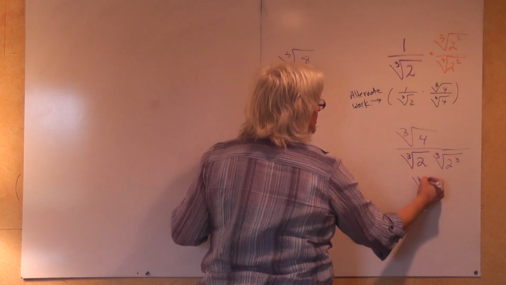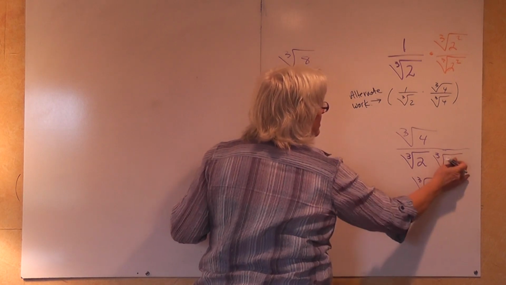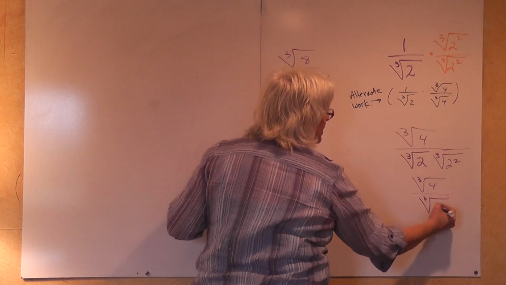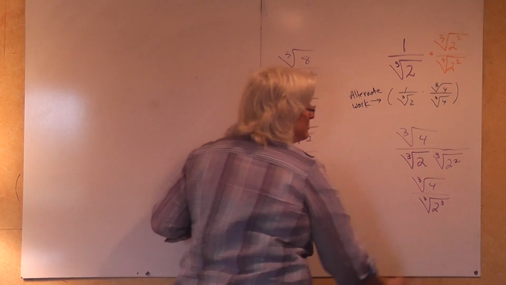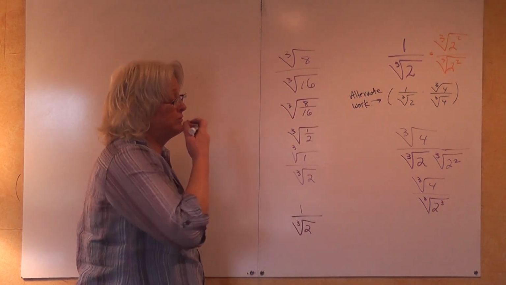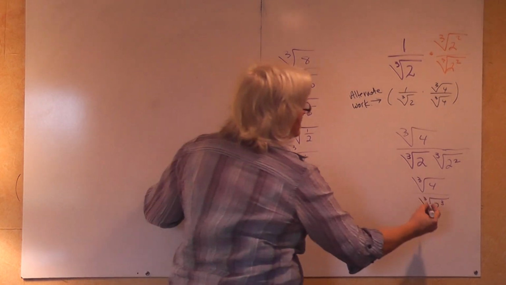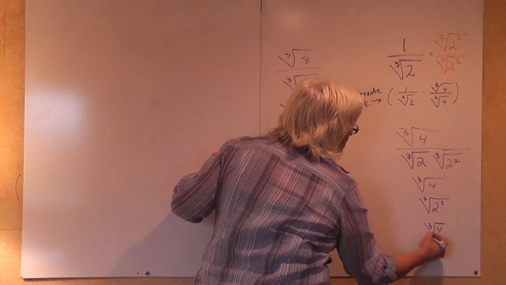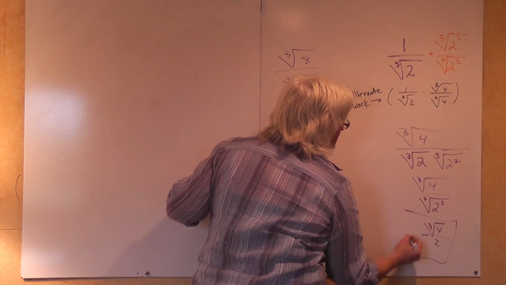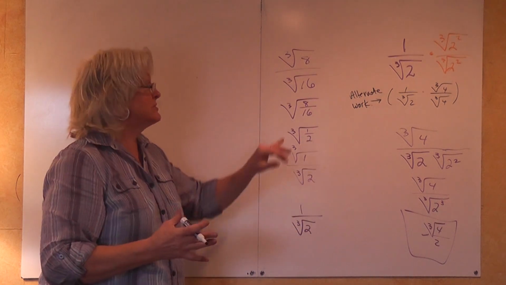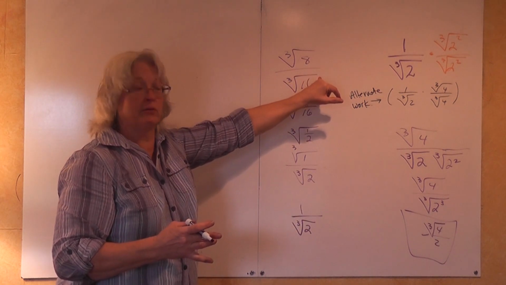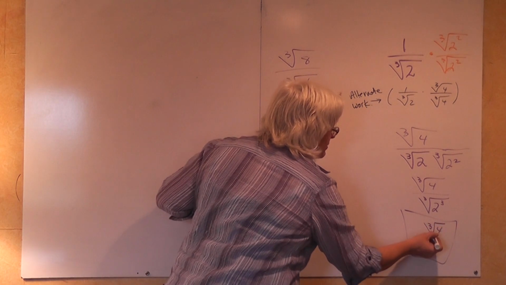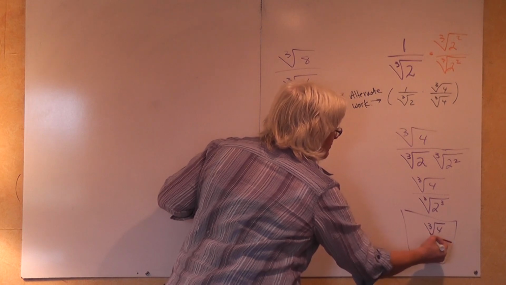It's the cube root of 4, cube root of 2 squared divided by the cube root of 2 cubed. Cube root of 2 cubed is 2. So the cube root of 4 divided by 2. This is the solution to the cube root of 8 over the cube root of 16 becomes the cube root of 4 over 2.